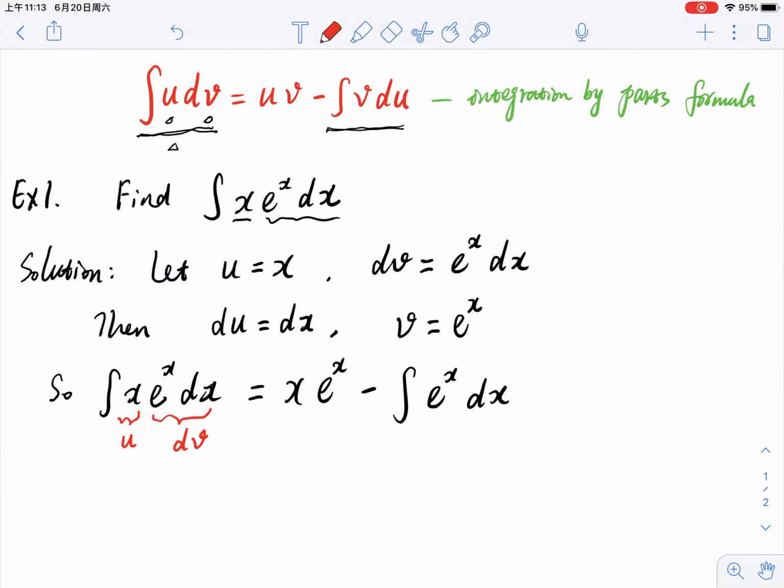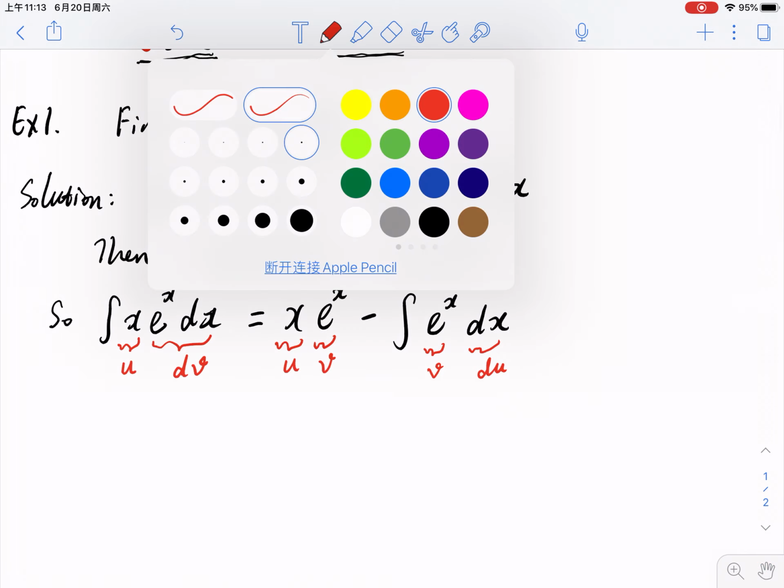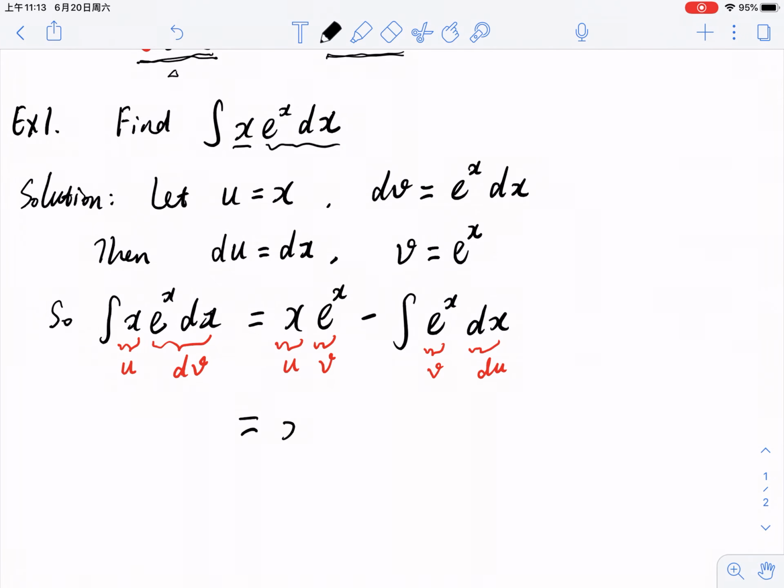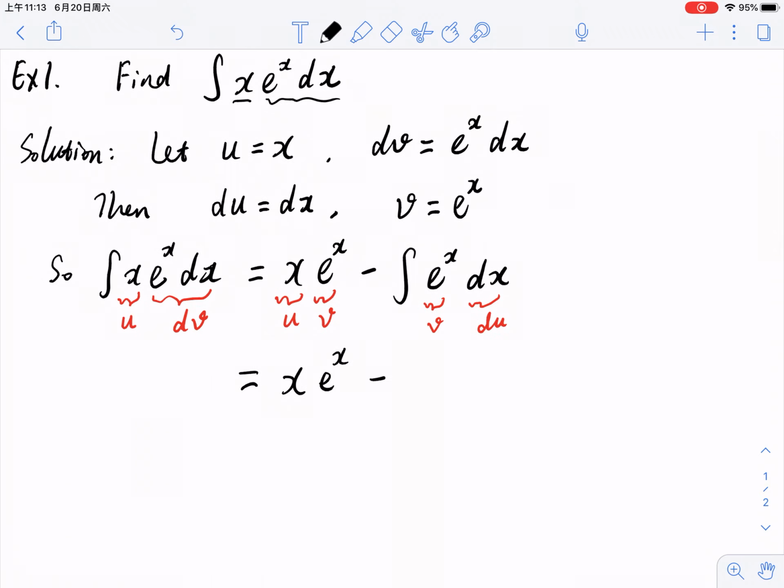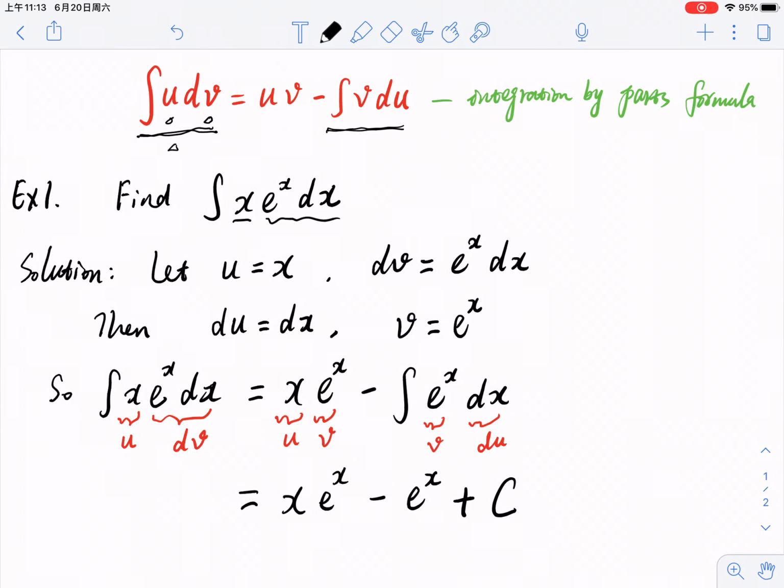So we continue. This is equal to x e^x minus the integral of e^x dx, which is e^x, then plus the constant c. So this is using the integration by parts formula to integrate this integral.